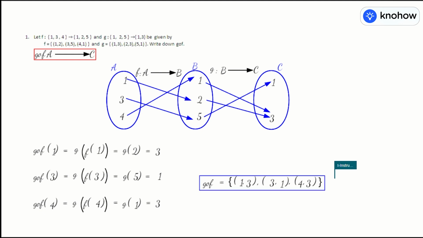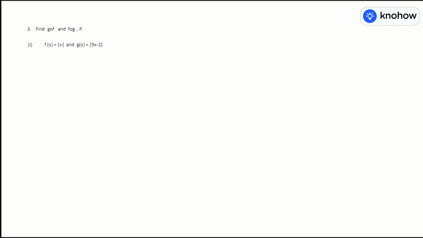Now the next sum, again we have to find out GOF and also FOG. The function f is defined as f(x) equal to mod x and g(x) is defined as mod of 5x minus 2. So now let me find out first GOF of x. That is G of f(x). What is the definition of f(x)?